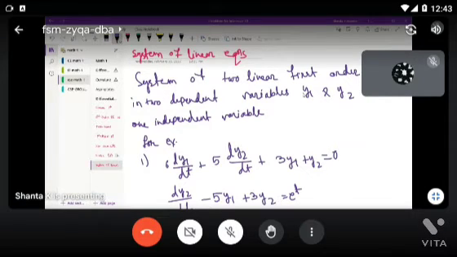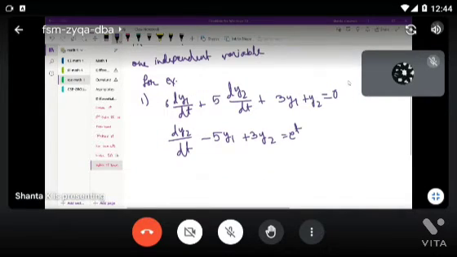We have two forms: one is simultaneous, which means we have two dependent variables and one independent variable. Let's try this one. So this is one example. We have y1 and y2, and you can consider similar examples. Two dependent variables, one independent variable.